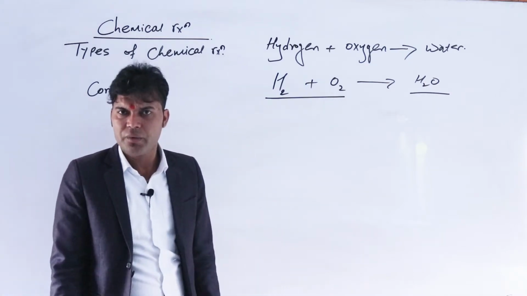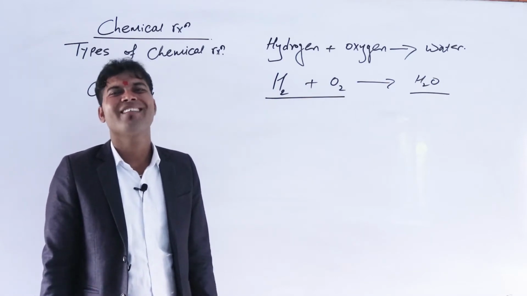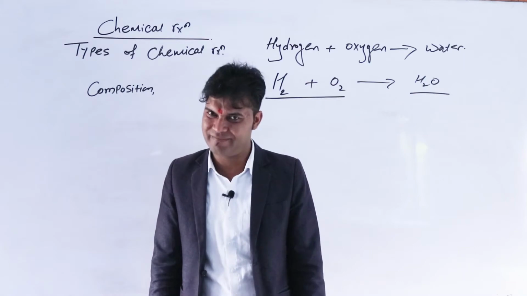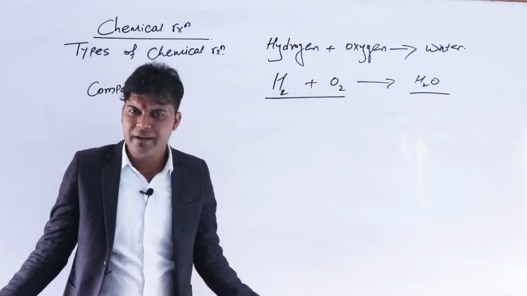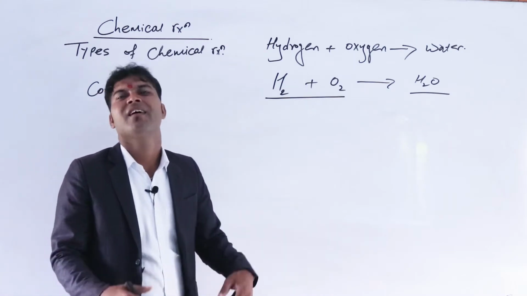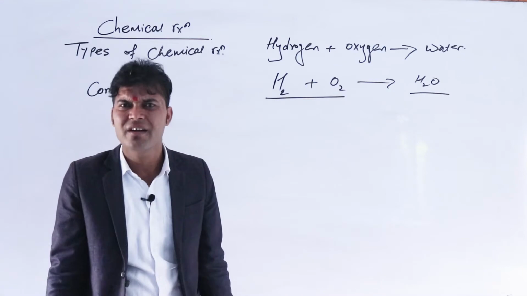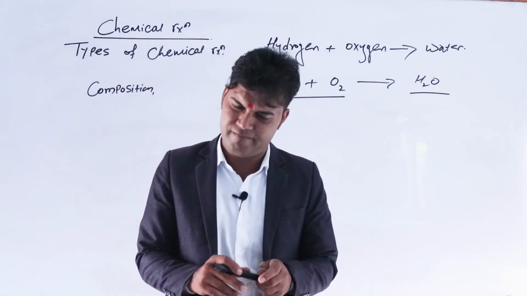In class 9 we also discussed a little bit about the method of balancing chemical equations. At first we balance metals, non-metals, oxygen and hydrogen, etc. Hope you remember it.